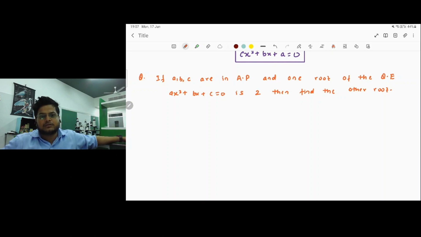They're asking us to find the other root. Okay. How we can proceed about this?